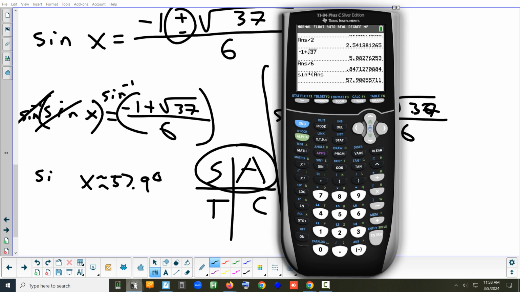So it's about 57.9. What's the other quadrant that we were looking for an answer in? Second one. What's the formula in the second one once you have 57.9? Yep, minus it from 180.